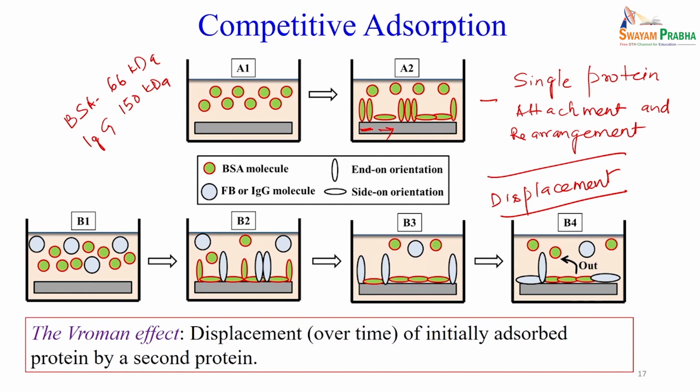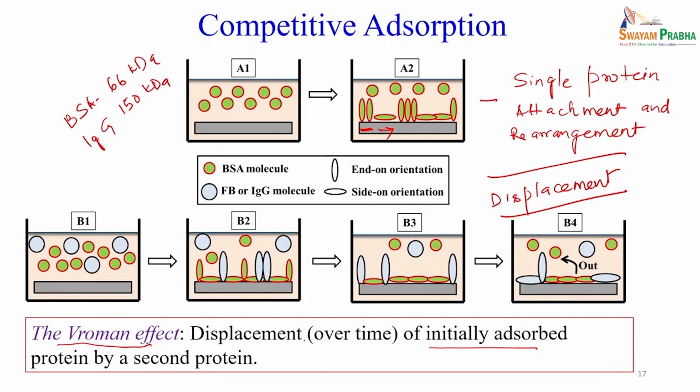So, typically the Vroman effect says the larger protein displaces the smaller protein, or the initially adsorbed protein, with time.